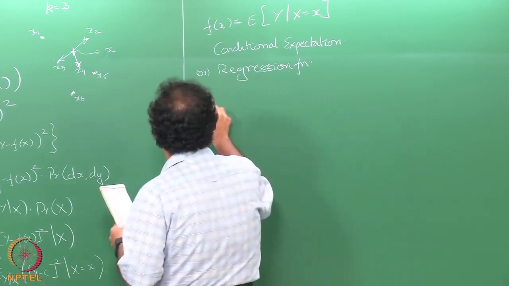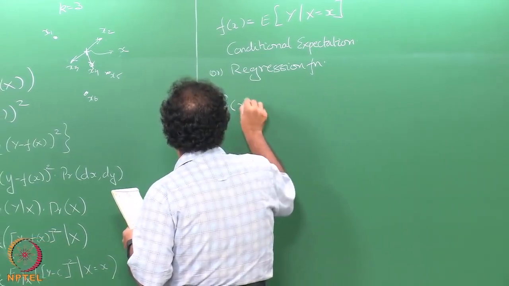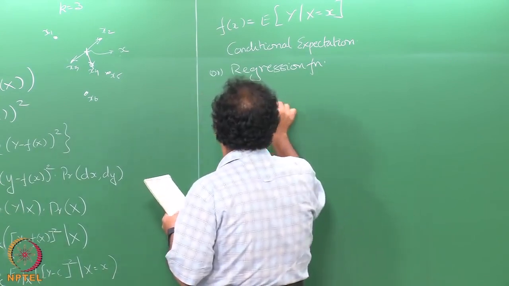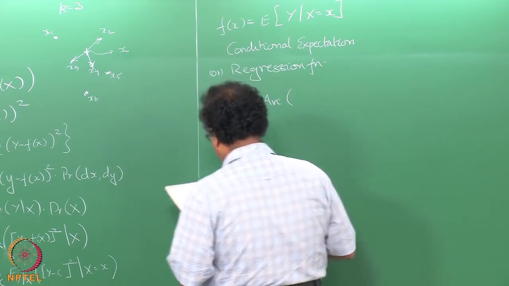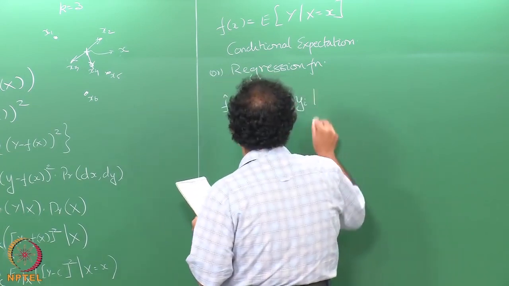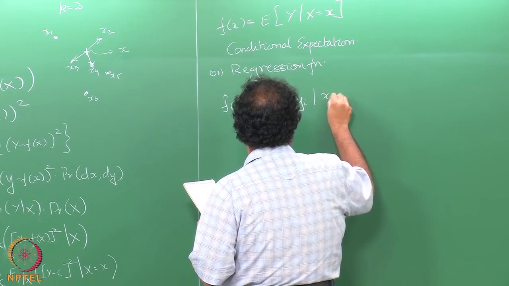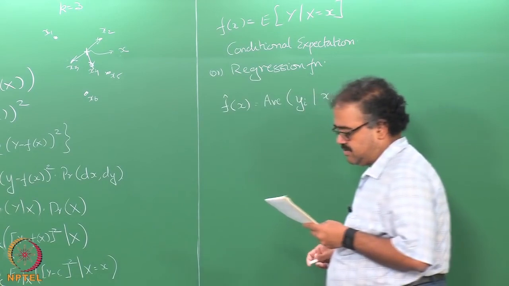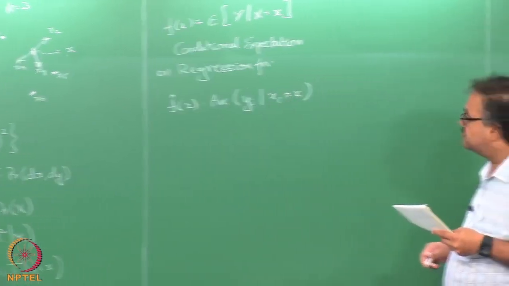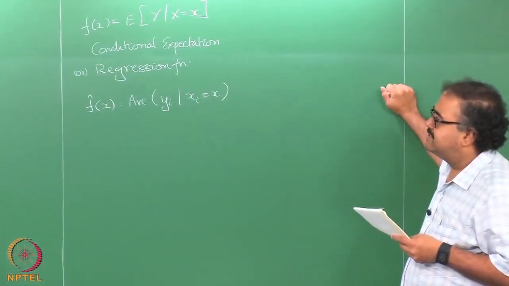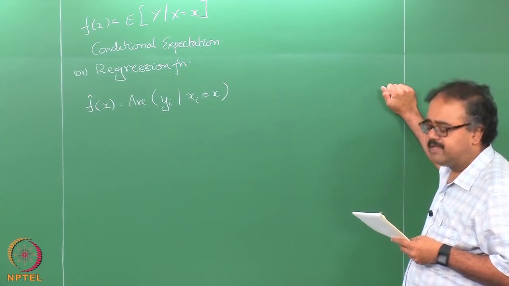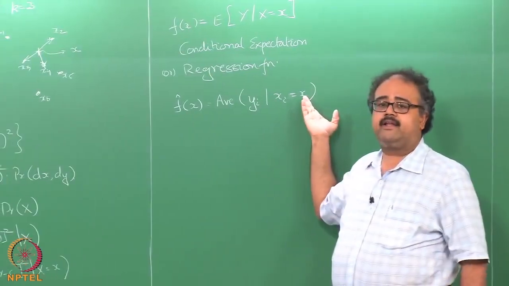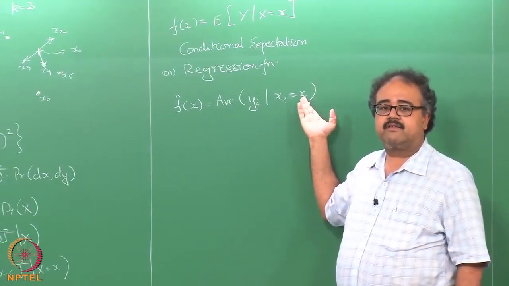So, one simple way of thinking about it is to say that I can't find the true f, so I am going to find an estimate of that, which we will call f hat. So, f hat of x is equal to the average of all the yi's such that xi equals x. That is a problem here. Why? How many samples do you think you are going to get of the same input x?